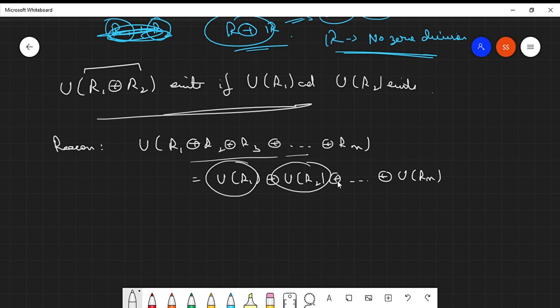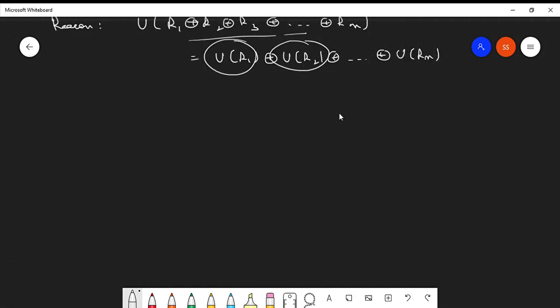Talking about nilpotent values, as we were saying: for any Zn ring, if n is square free, then the only nilpotent element is 0. It has only one nilpotent element.